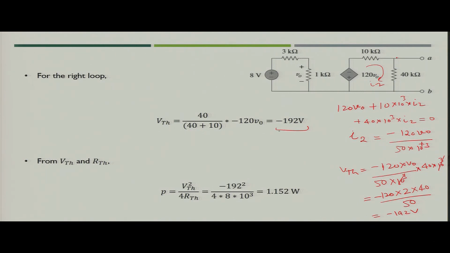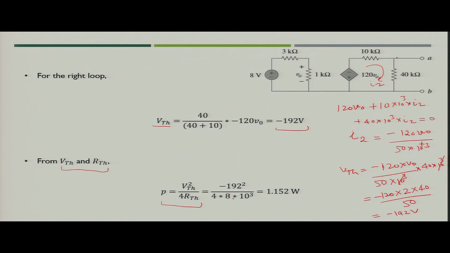So, now you have got VTH, you have got RTH. So, you will find out the value of power P. You simply put the value of power P as VTH square upon 4 RTH. So, that would become minus 192 square divided by 4 times RTH, which you got as 8 kilo ohm.